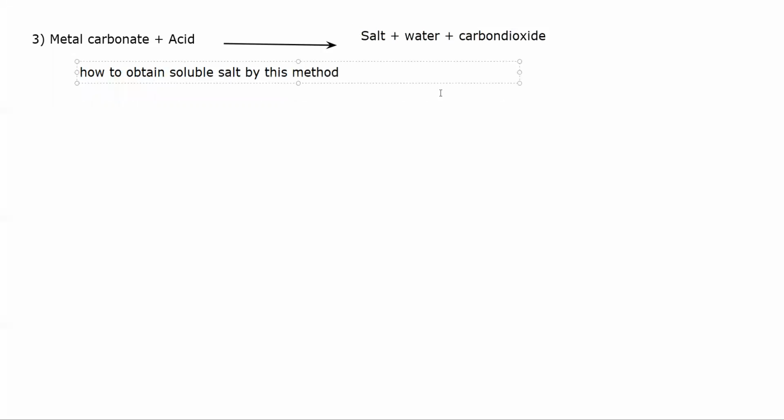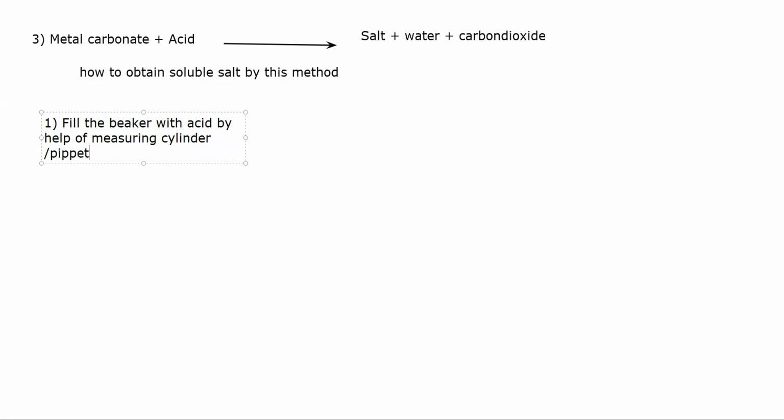First, carbonates normally react at room temperature, so we don't have to warm the acid here. We will fill the beaker with acid with the help of a measuring cylinder or pipette or burette.